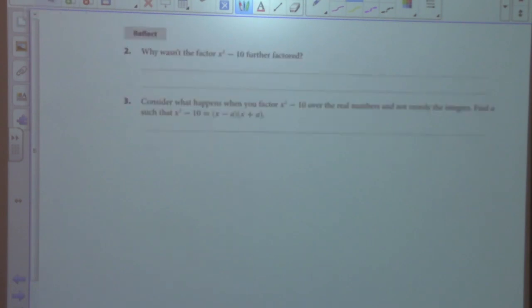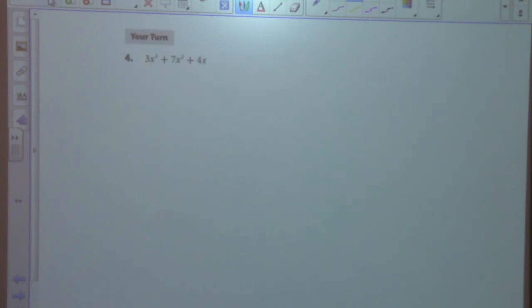Next, we come here. Real numbers and integers, talk about that. Okay, your turn. So let's look at this one right here. How would you factor this one out? You've got 3x cubed plus 7x squared plus 4x. What would be your first thing to do here?